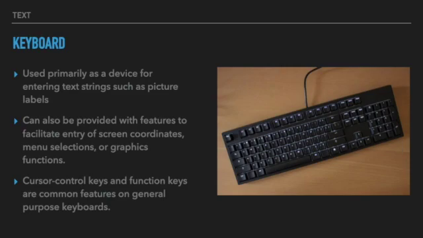There are other types of cursor positioning devices like trackball or joysticks, which may sometimes be included on the keyboard itself. That's about the keyboard. So basically a keyboard can be used as a graphic input device also.